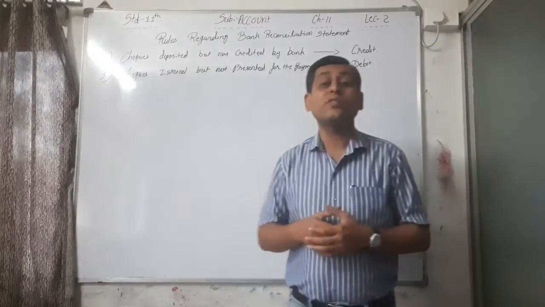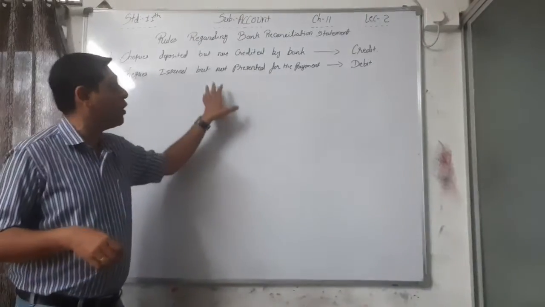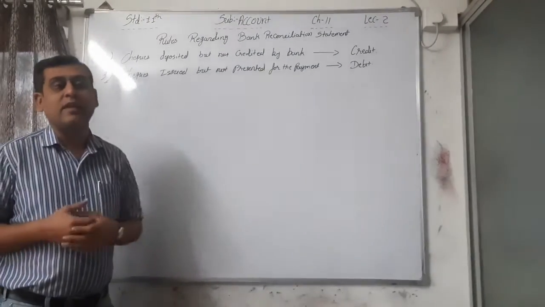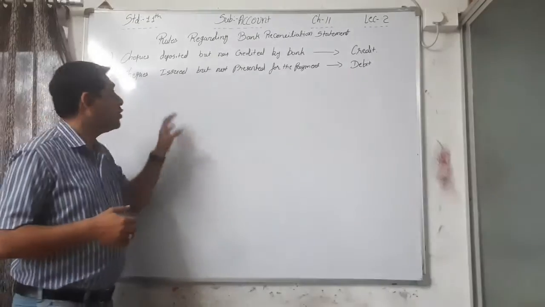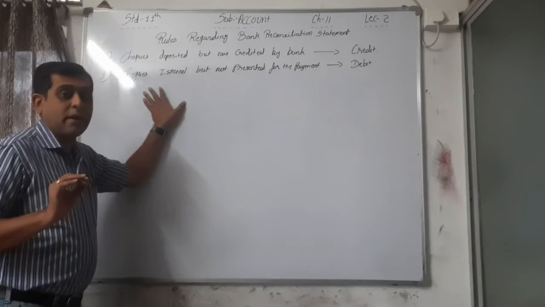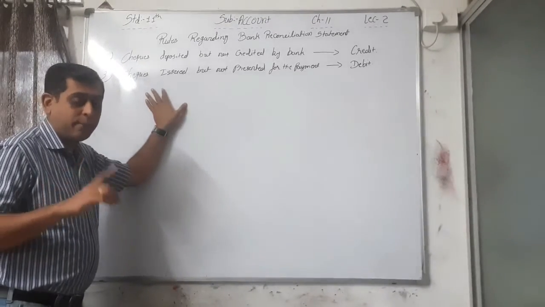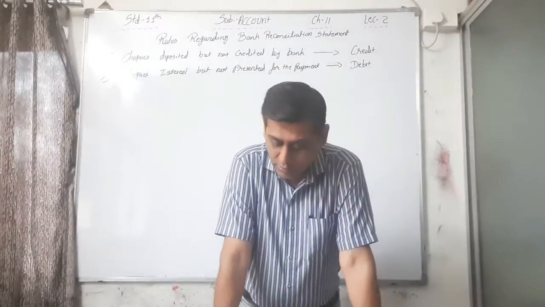So here the difference is there, and at the same time this difference must be recorded on the debit side in the bank reconciliation statement. This is the rule. Okay, so what is the rule? Check issued but not presented for the payment, here we have to debit it. Okay, so please write down this rule.